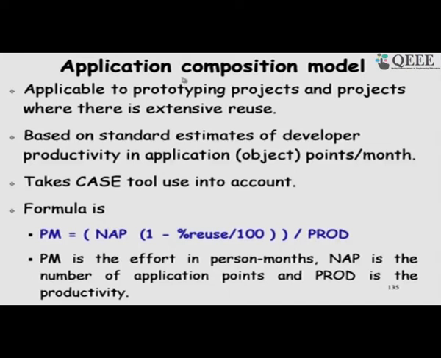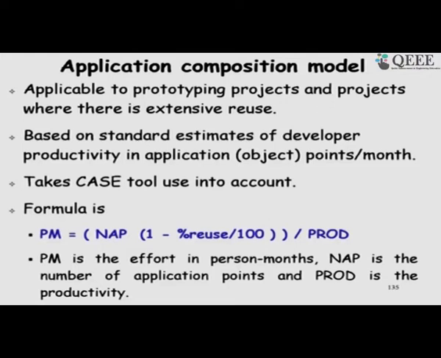So, typically used at the very beginning of the development, not even requirements have been specified, and we compute the number of application points, which is basically the number of screens, number of modules that exist, and the number of internal entities or data structures that are being accessed, and then how much of the code we are using. Is it that we are just using a customization, 90% we are just reusing and only 10% we are writing. So, then the number of application points into 0.1.